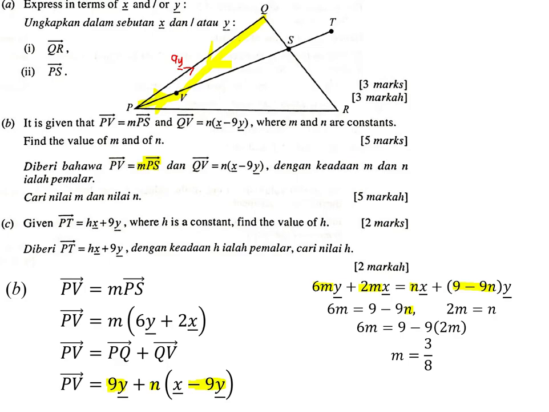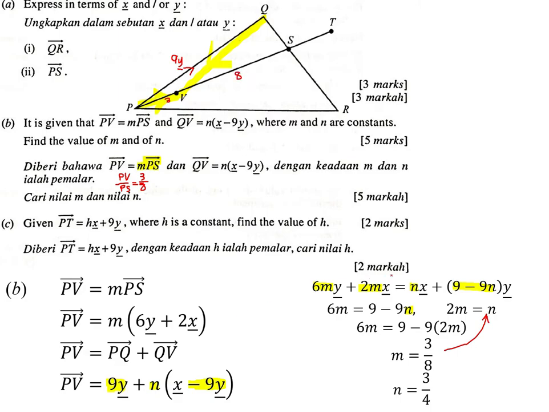After we find our m, we substitute it back to find our n here, which gives us the answer. n is equals to 3 over 4. m is 3 over 8. That actually gives us the ratio between PV and PS. So PV is 3, PS is 8.